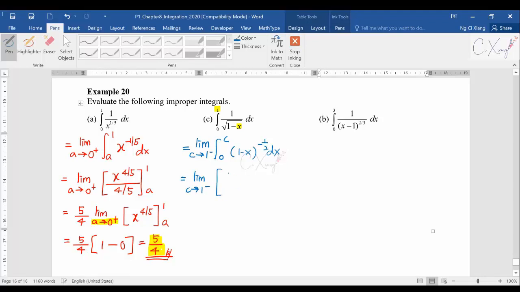To integrate this one, power plus 1 becomes half. You divide it by the new power, and differentiate the thing inside the bracket, you have negative 1. Then you put in c and 0. Now I would like to take out the constant first.